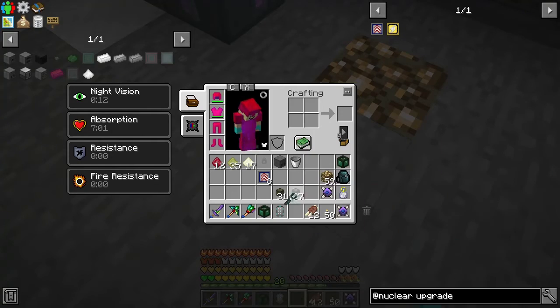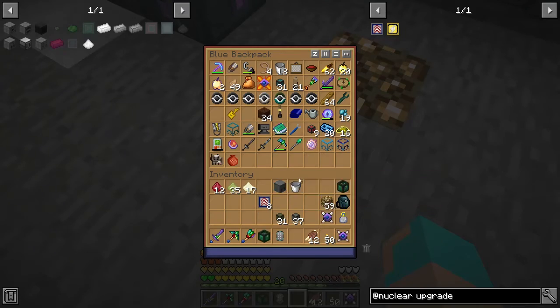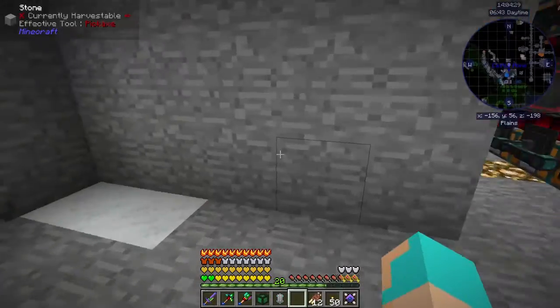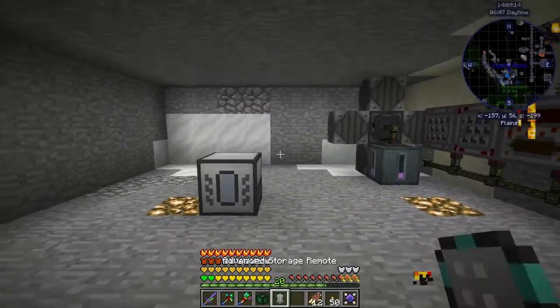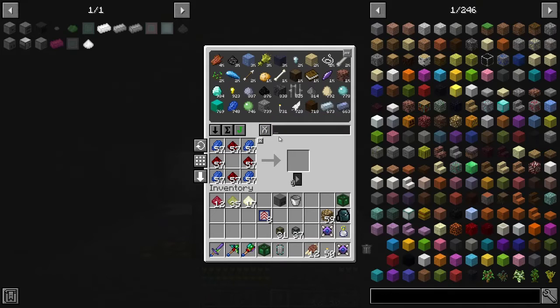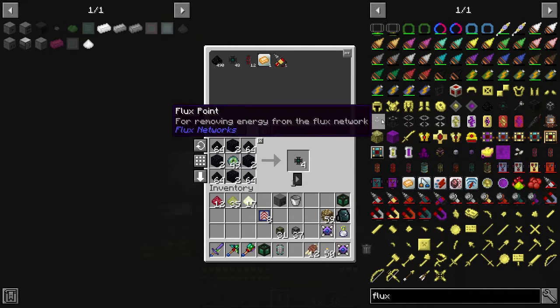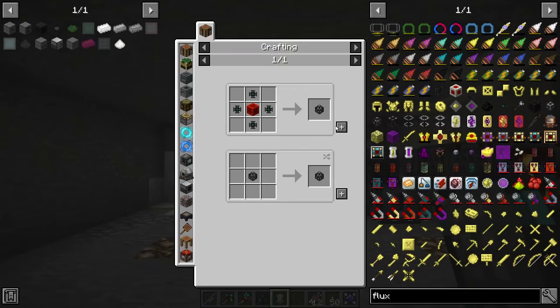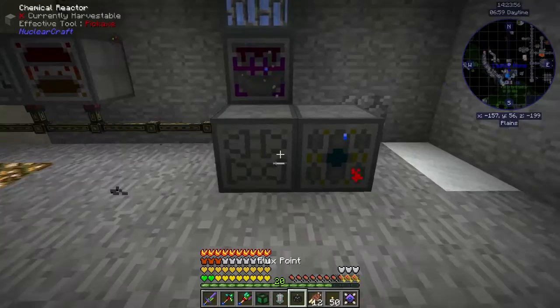Because we are going to put a flux point on these.